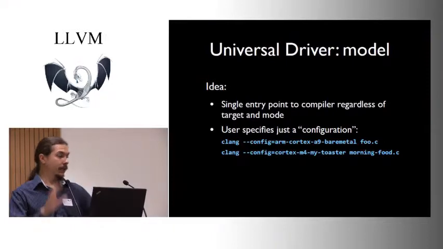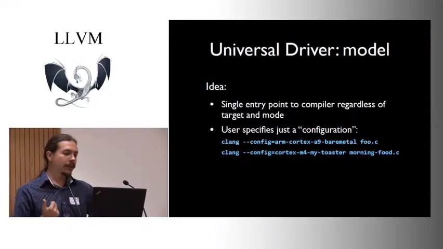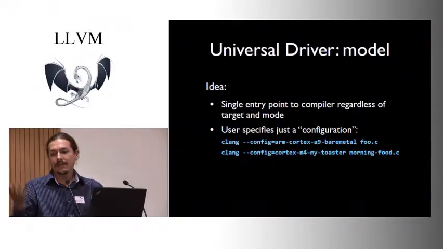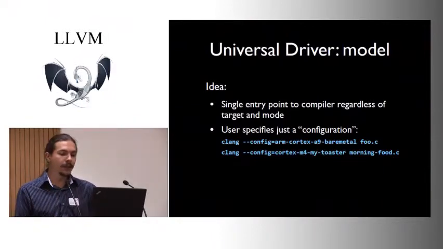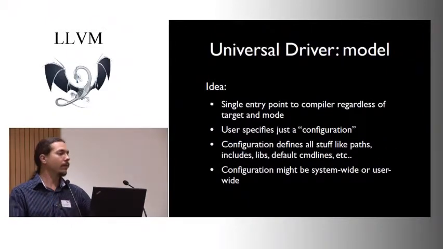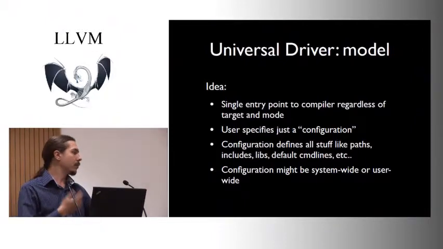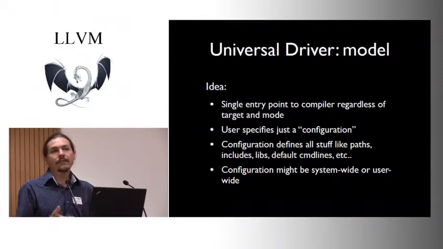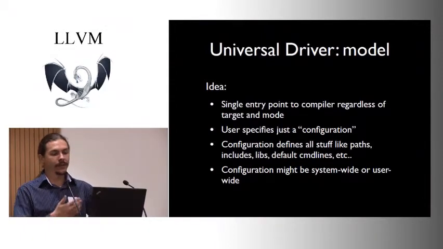Let's stick with just the configuration. The user provides only a configuration, which should be something arbitrarily named, and inside this configuration everything should be defined. The configuration should define all stuff like paths to includes, paths to libraries, default command lines for various tools, paths to the linker, all this stuff.